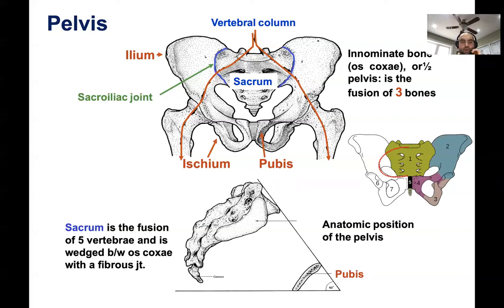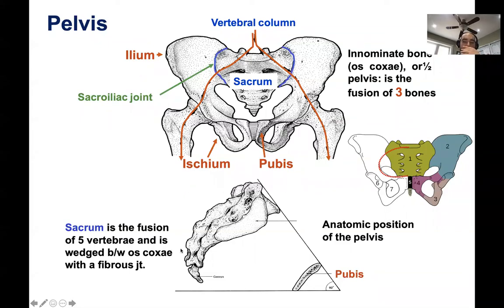If you remember from way back in semester one, we talked about how the cervical spine has more of an extended posture, then the thoracic spine, which was more flexed, then the lumbar spine, which was extended, and then the sacrum, which is a continuum of that extension. If you were to stand up straight, this is how your sacrum would look. It's on average a 60-degree angle from the floor. So a lot of extension happens here.